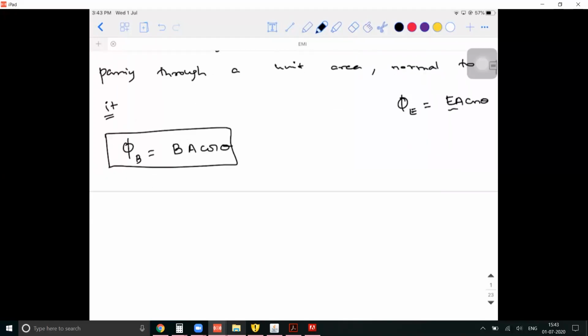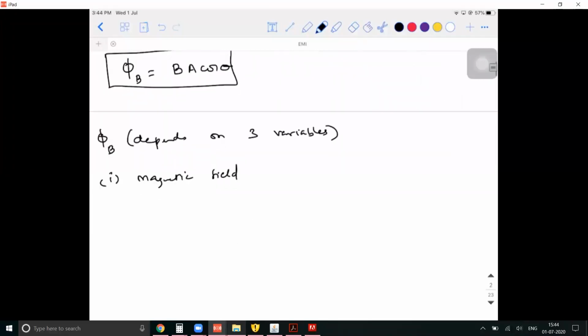So the magnetic flux depends on three physical quantities or three parameters. What are they? One is magnetic field. Second is area of the coil. And the third is orientation of the coil.